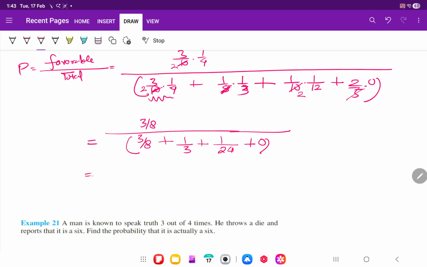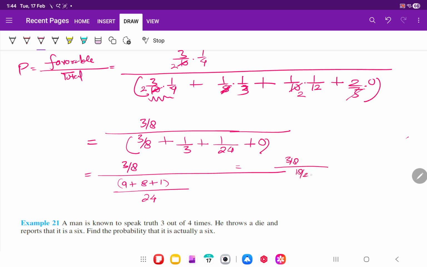So here we will get 3 by 8 divided by, the LCM of these three is 24. This is 9 plus 8 plus 1, which is 3 by 8 divided by 18 by 24, which is 3 by 8 into 24 by 18.